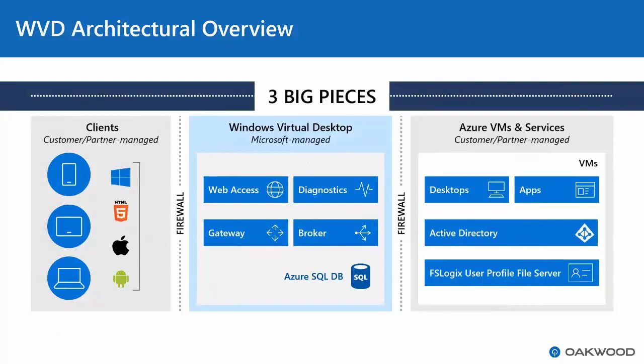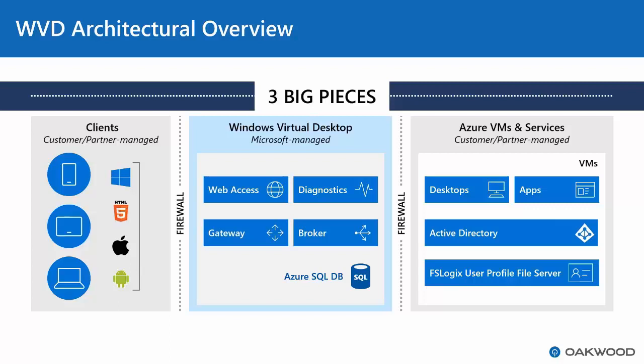Okay, we'll get into the architecture here, just the big overall view. You have three pieces here. You have the clients, your devices that your users are using, and then in between you have the Microsoft managed part of Windows Virtual Desktop. So that's your global web access gateways, the diagnostics, monitoring, brokering the connections, and storing the information in a SQL database. It's all managed and obfuscated by Microsoft, and the customer end users never see any of that.